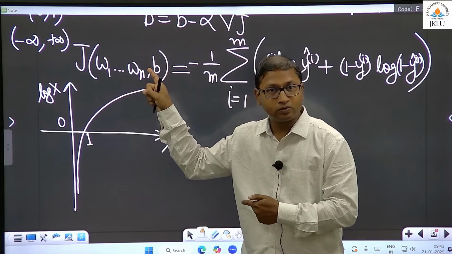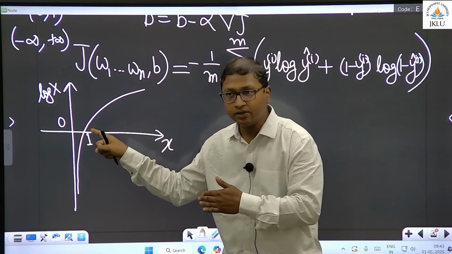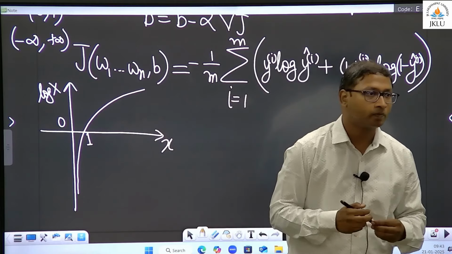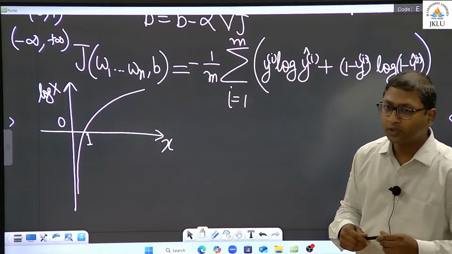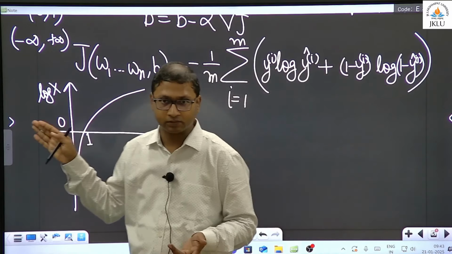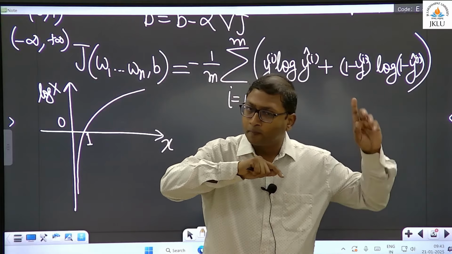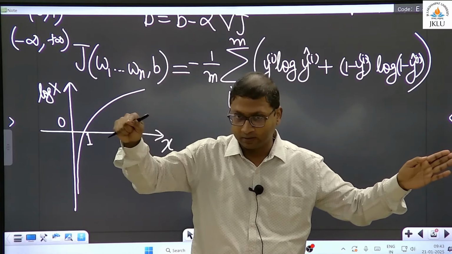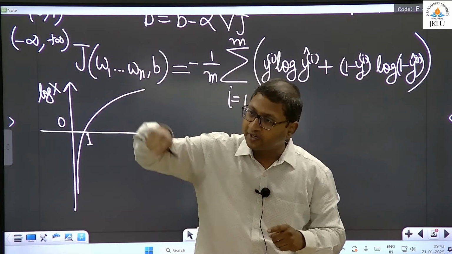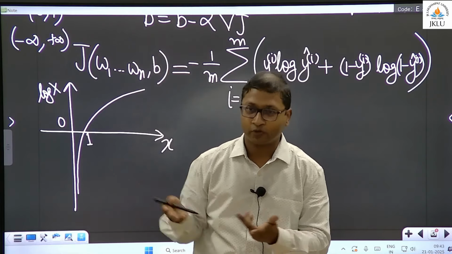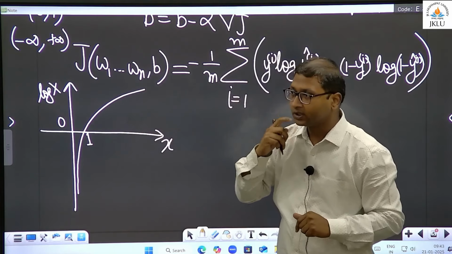Above 1 it becomes super slow. Now what happens to the exponent? It is the exact opposite of it, right? The exponent travels really slowly from minus infinity to 1, right? But after that it takes off exponentially, as we call it, okay? So both are inverses of each other.